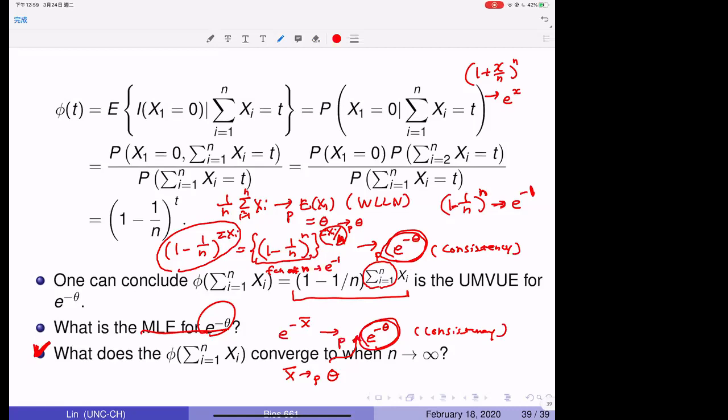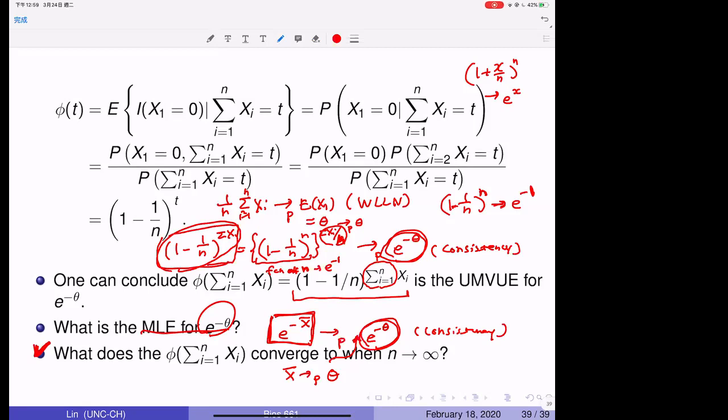I told you, hey, I do have this unbiased estimator that looks weird. I also have this MLE that looks much cleaner. Both are consistent estimators of exponential minus theta.